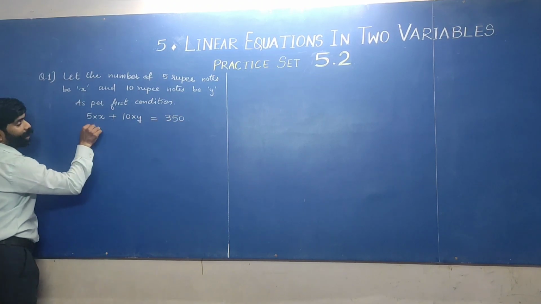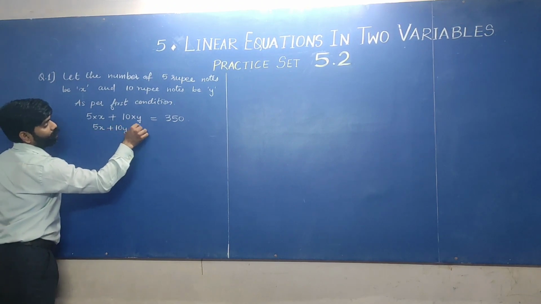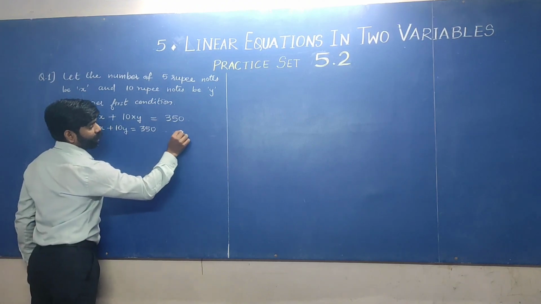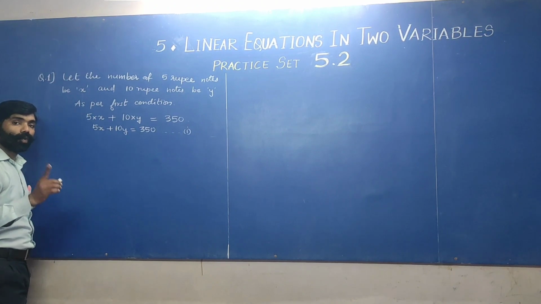So we directly get 5X plus 10Y is equal to 350. This is our condition number 1, that is equation number 1.